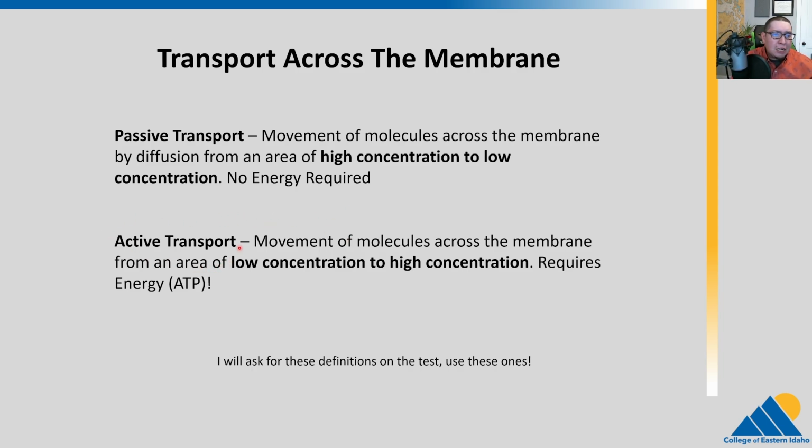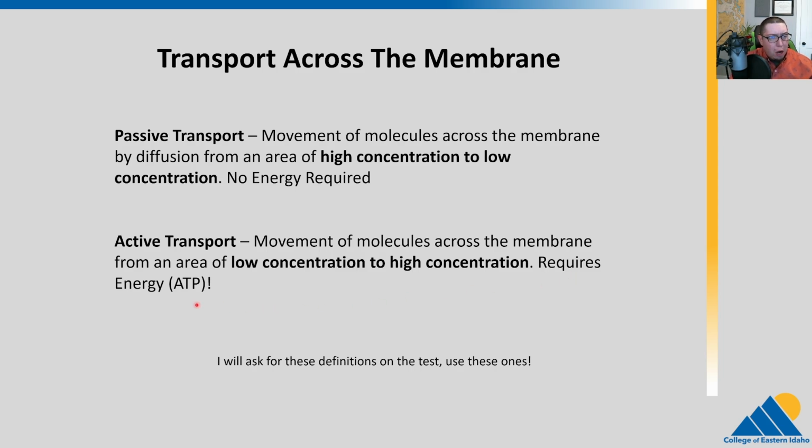To do active transport, we have to spend energy. And in most cases, that energy comes from our energy molecule that is called ATP, adenosine triphosphate. So active transport is the movement of molecules across a membrane from an area of low concentration to high concentration, and it requires energy in the form of ATP.